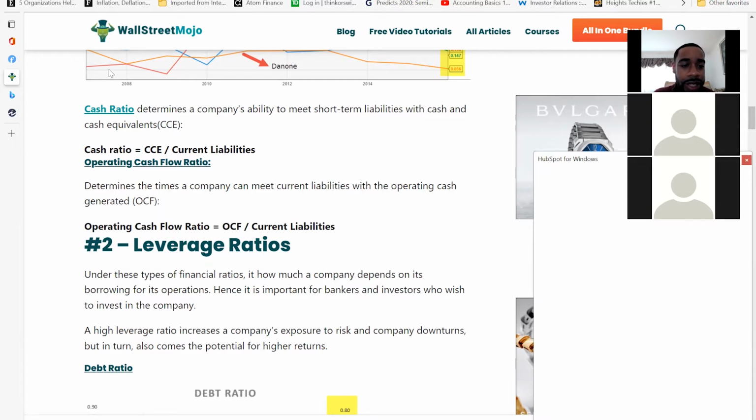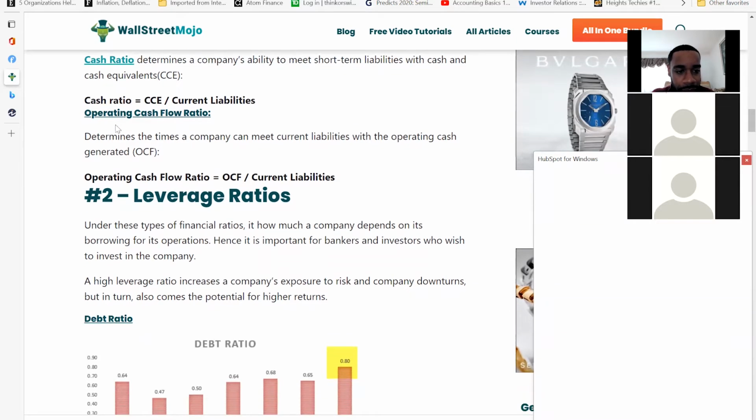So just to go back to this definition, the cash ratio determines a company's ability to meet short-term liabilities with cash and cash equivalents. Now you have the operating cash flow ratio. That determines the number of times a company can meet current liabilities with operating cash generated. We talked about the operating cash flow from the cash flow statement.